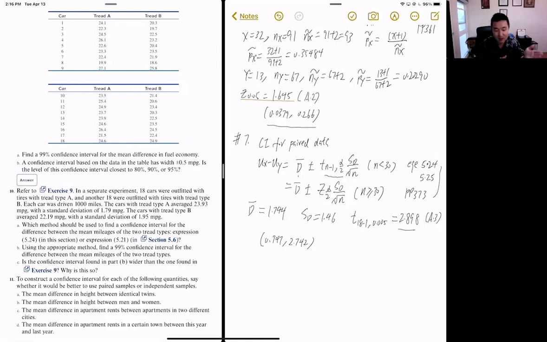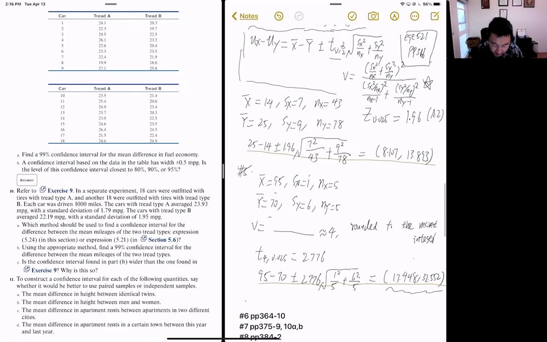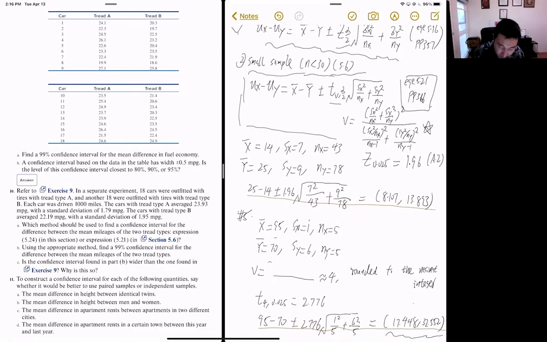So that is the small sample confidence interval for the difference between two means, which we discussed last time, and it is here. Do not use the wrong set of equations. So we use this equation.